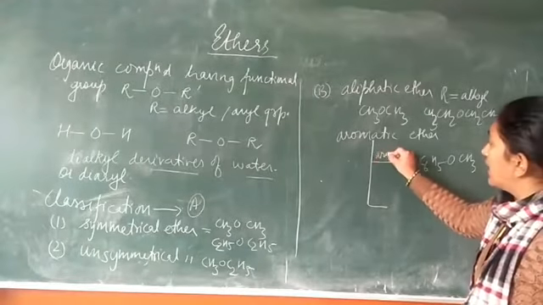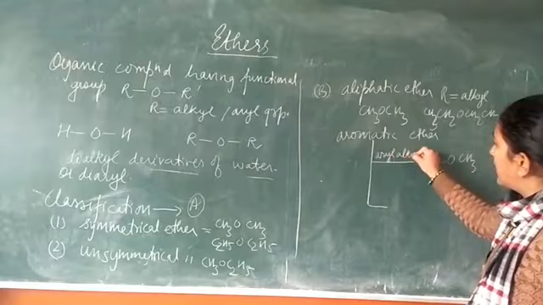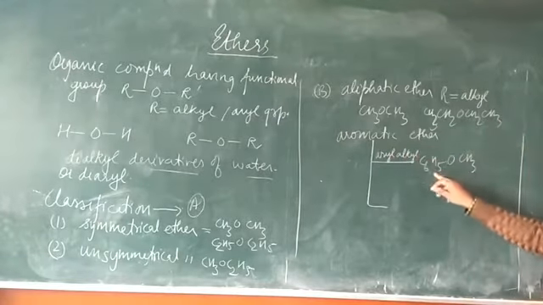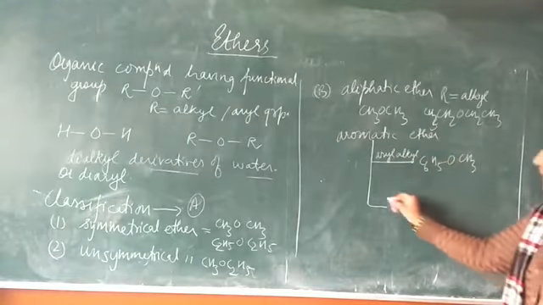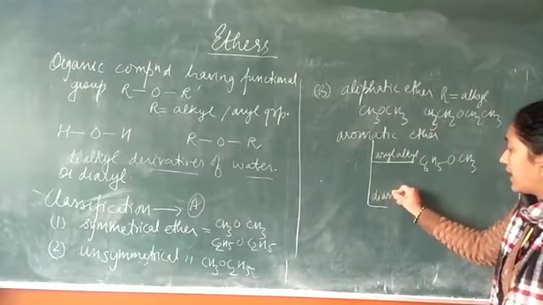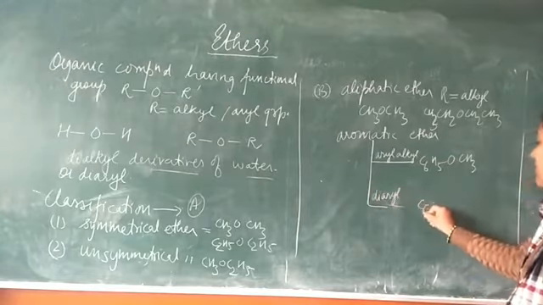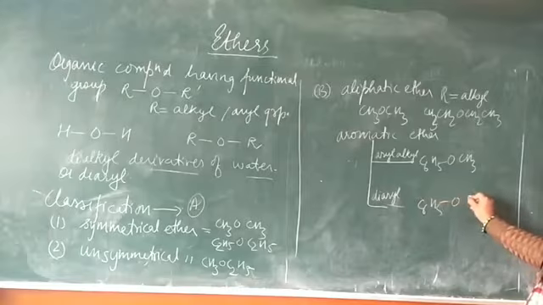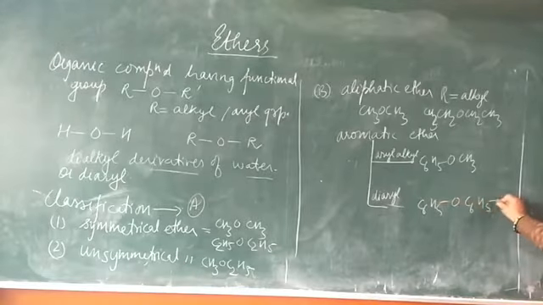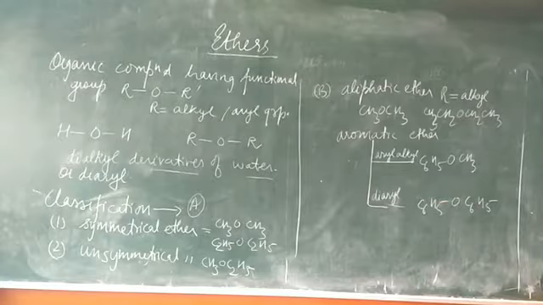That is aromatic ether, only one aromatic ring is there. But if we have diaryl, that means both the R are aromatic rings, it is known as the diaryl ether or the aromatic ether. Right? Okay, now this is about the classification.